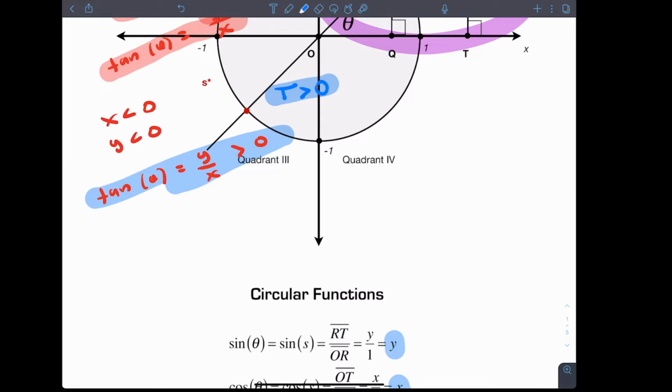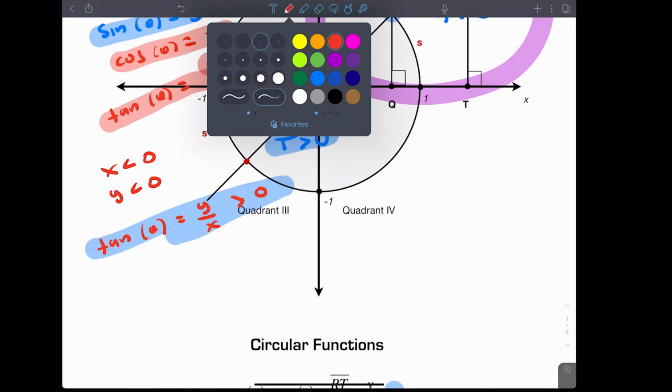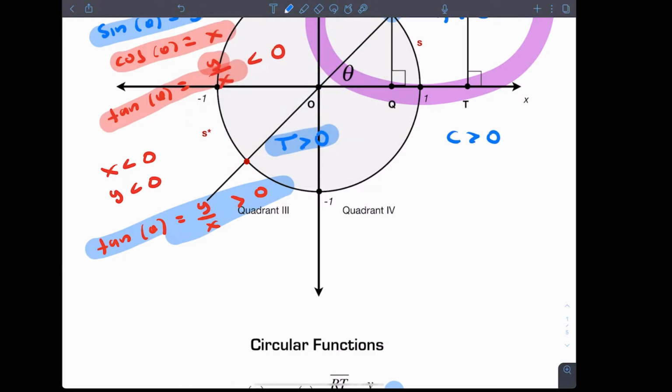All students take calculus. You say, what does the C stand for? You guys know what C is? Cosine's positive in quadrant 4. And you say, why? Well, the x-coordinate, ladies and gentlemen, is positive, but the y-coordinate is what? Negative.